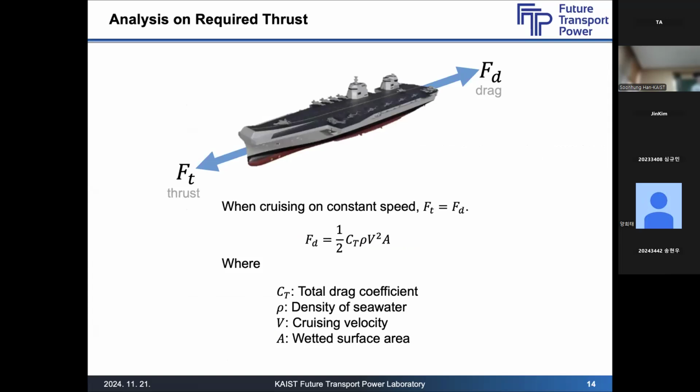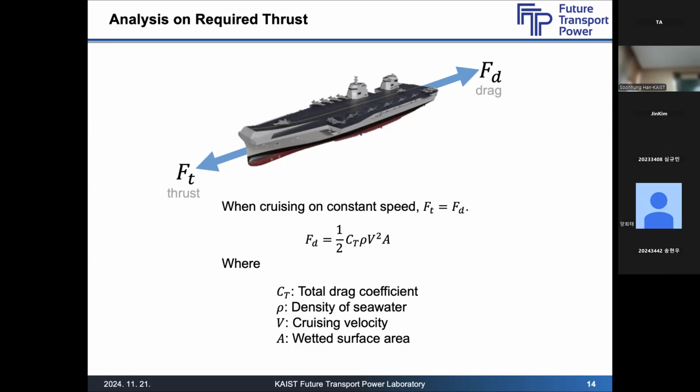The next part is the analysis on the requirements. Knowing the required thrust that is needed to propel the ship at a constant speed is important when we choose the power source and motion method. When a ship, including an aircraft carrier, is moving at a constant speed, the thrust and drag would be the same.